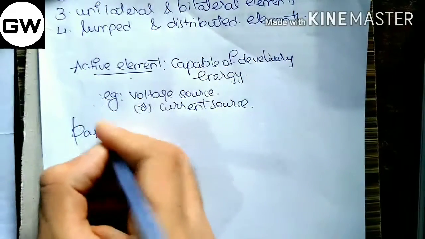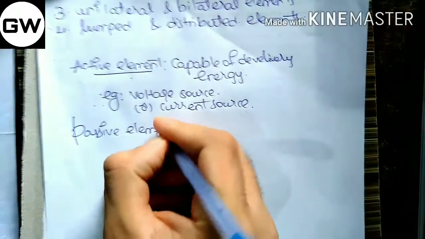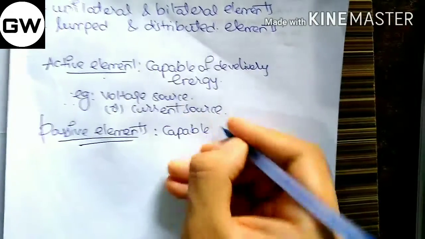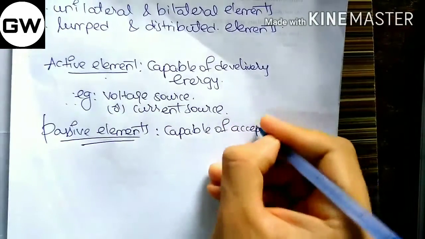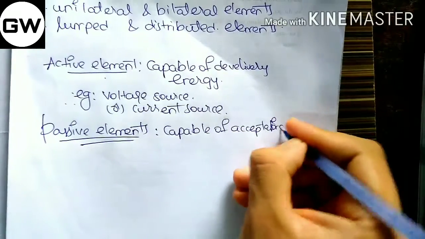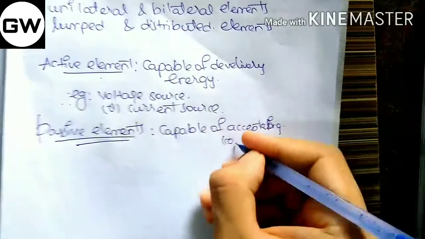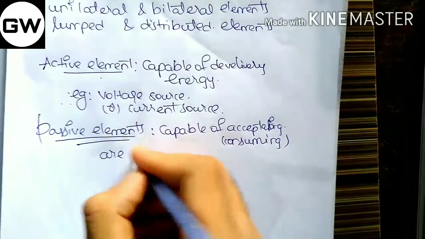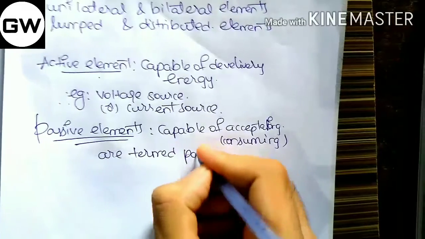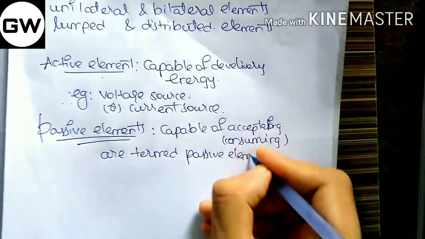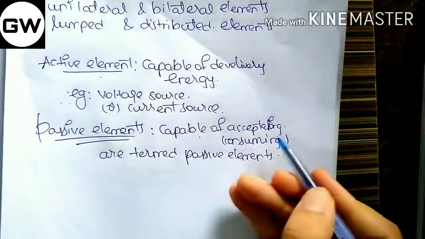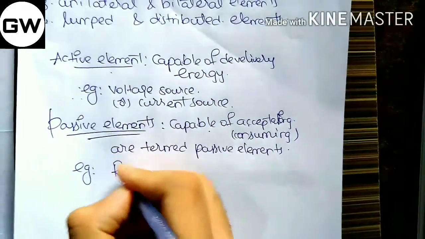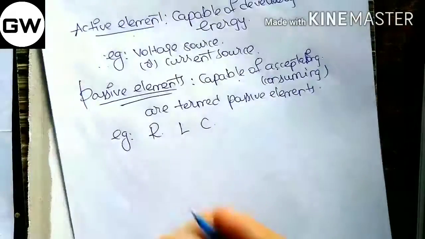Passive elements: the elements which are capable of accepting energy, in the sense of consuming energy, are termed as passive elements. Examples of passive elements are resistor, inductor and capacitor.